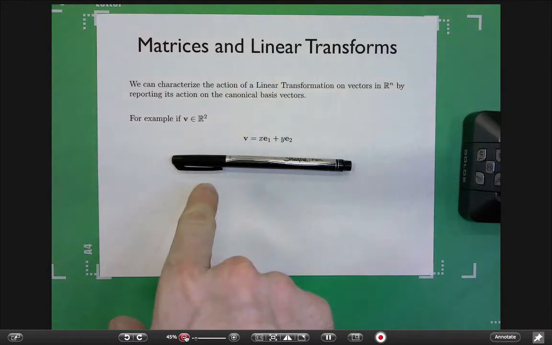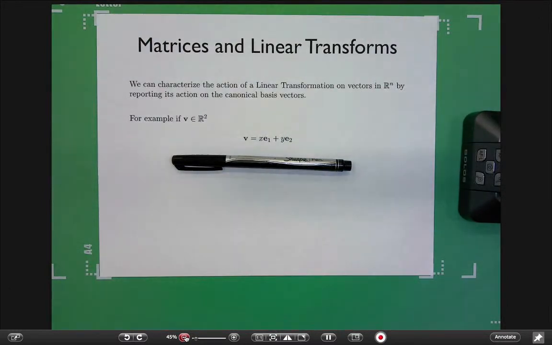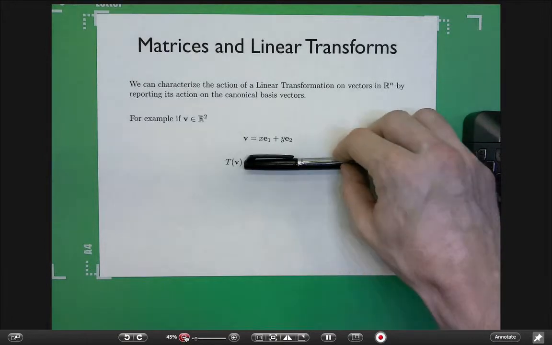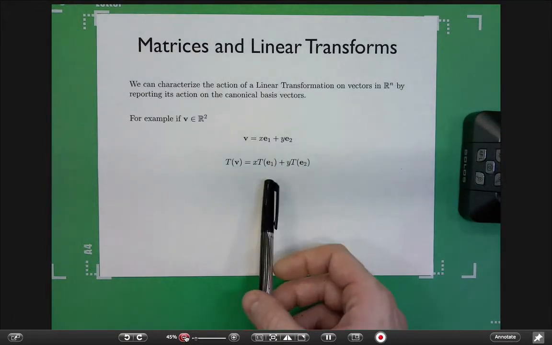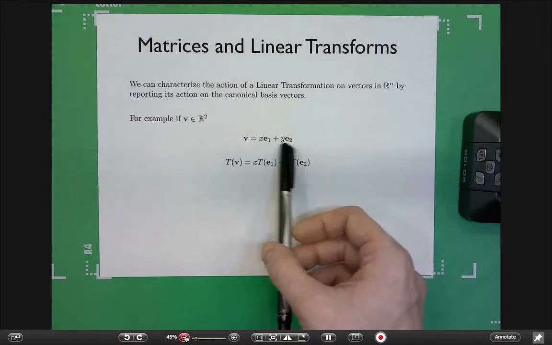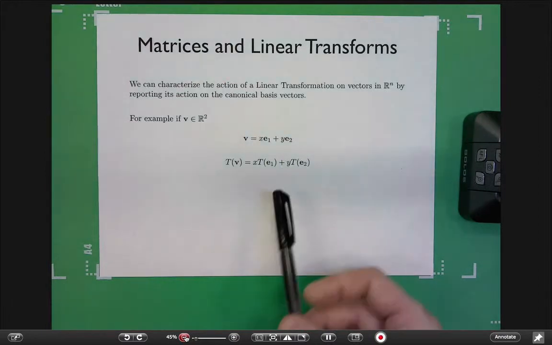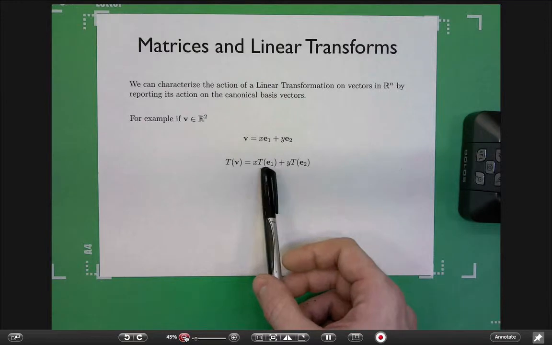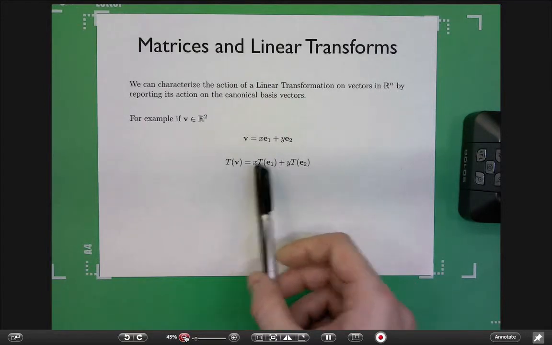For any v, I can find the x and y such that this equation is true, right? And now if I have some linear transformation on R2, that means T(v), then by linearity, because v is x E1 plus y E2, I can write that this is the same as applying the linear transformation only to E1 and E2 and then taking the linear combination with x and y.